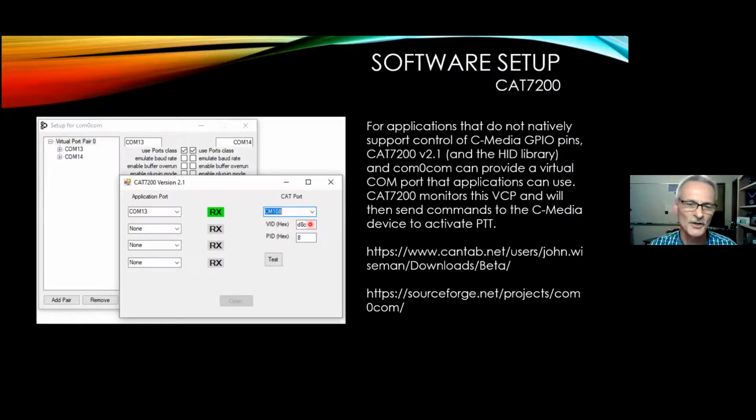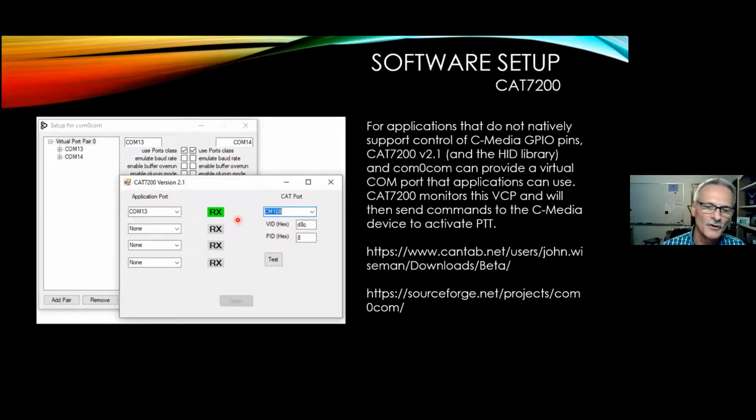So it's a shim that also has to be running. Ideally, all of our applications would have native support, but this is still a backdoor way. If you have an application that can't talk to the device directly, but it can talk to a COM port, we can still get it to work this way. I've set this up with FLDigi, and I've set it up using Direwolf as well.